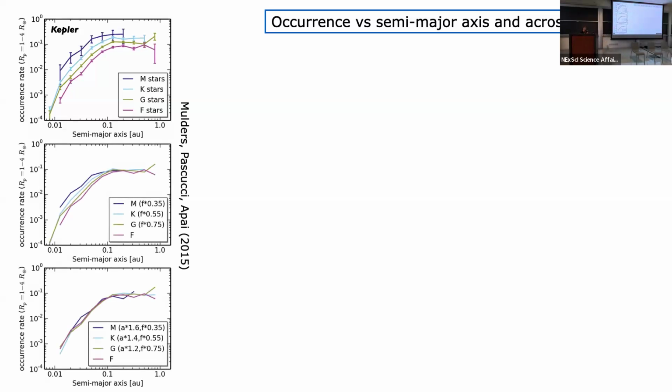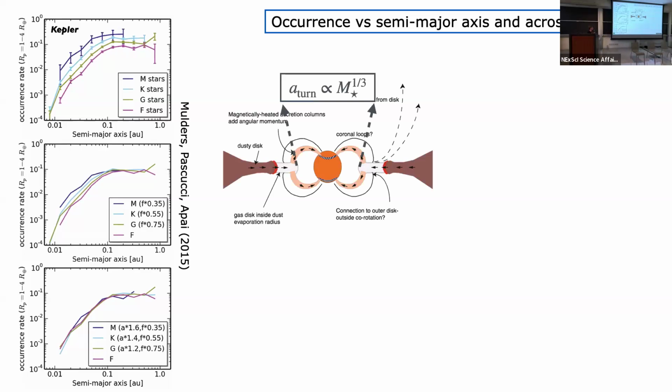So at that time, the question we asked is, what is the scaling as a function of stellar mass to have this turnover match for all these different types of stars? And what we found is that the location in semi-major axis where there is the turnover in the occurrence rate, or if you want, this plateau, scales with the mass of the central star to the 1/3.